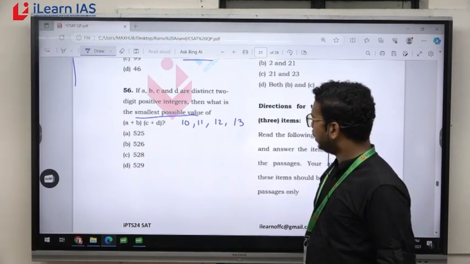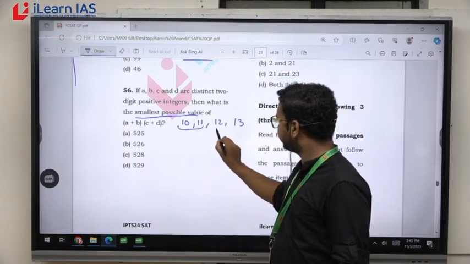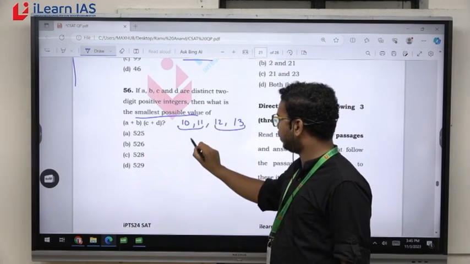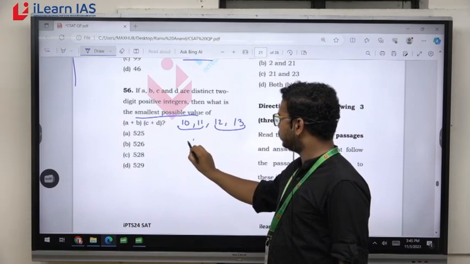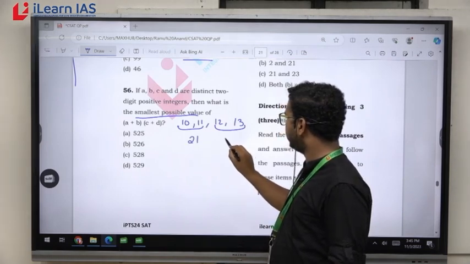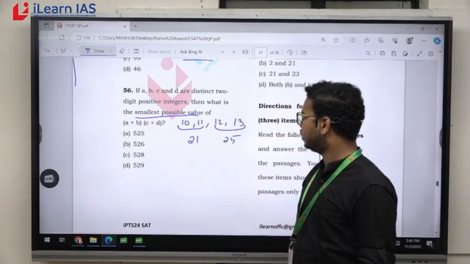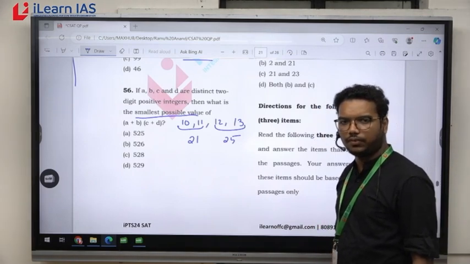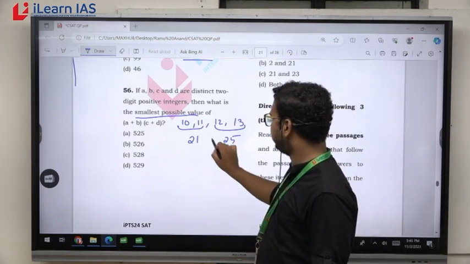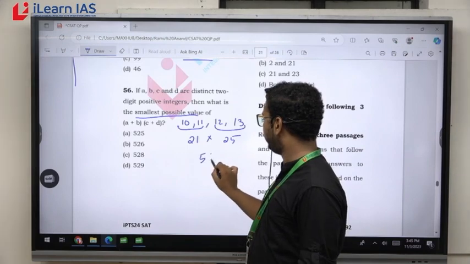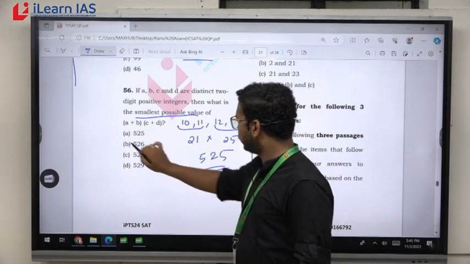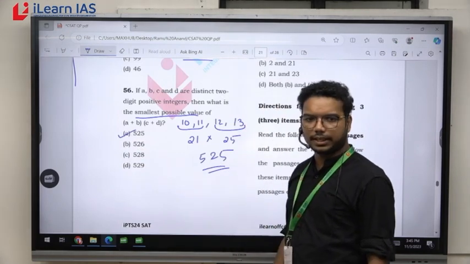Okay, I am grouping them. Adding gives 21 and 25. 21 into 25 is 525. That is the answer.